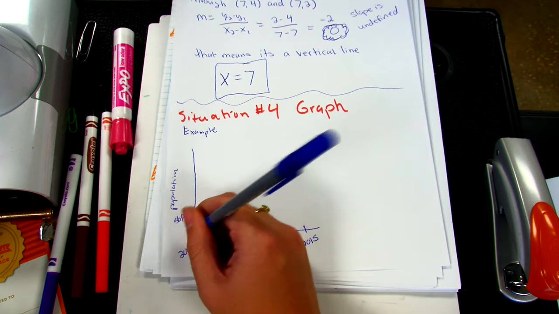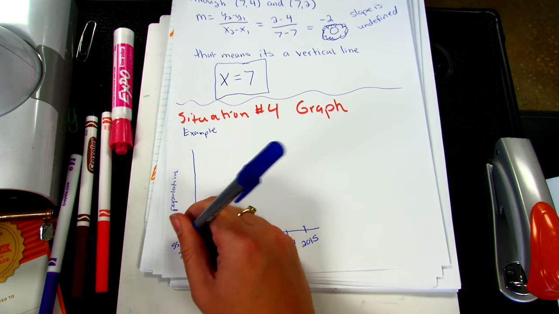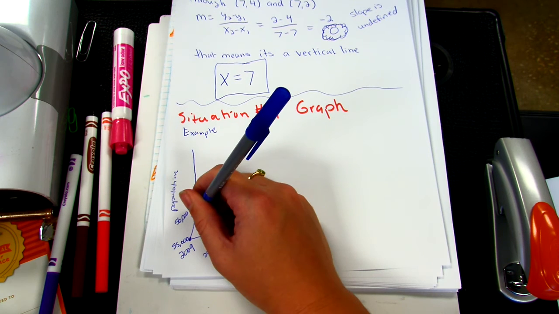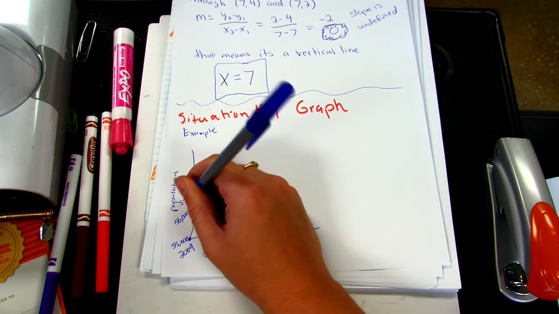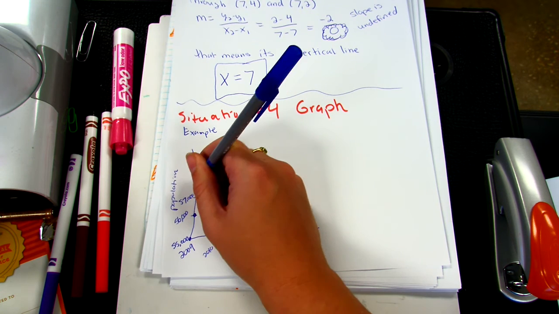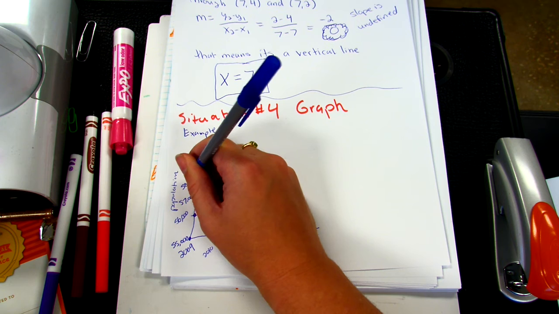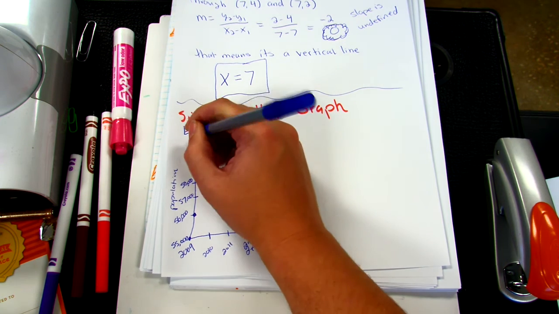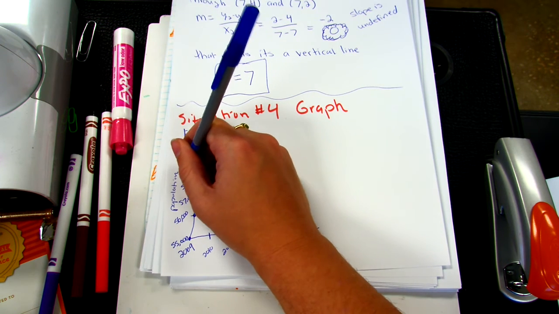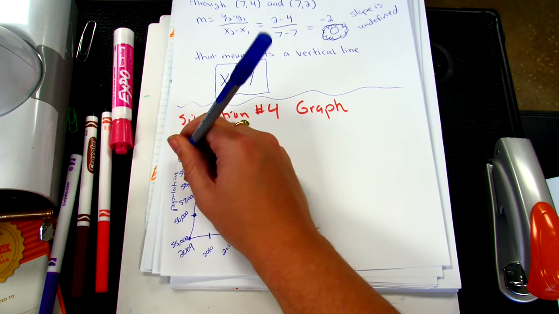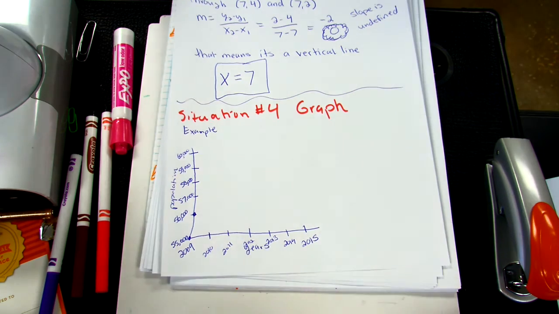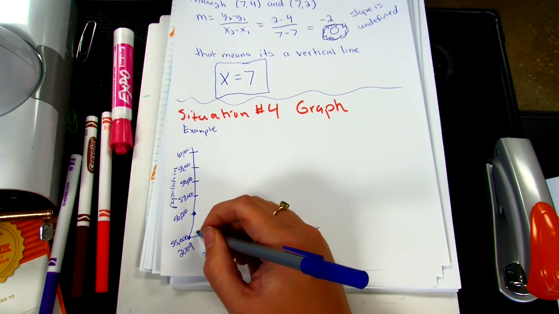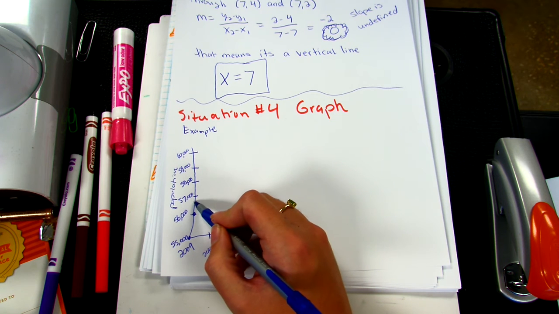So right here, this is 55,000. Then we had 56,000, 57,000. Then we have 58, then we have 59. We have 60,000, and so on, right? They counted by thousands. So like I said, in 2009, it was at 56,000.